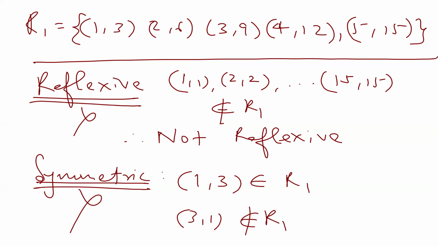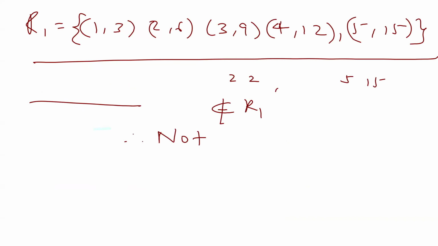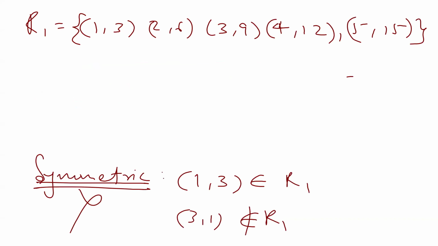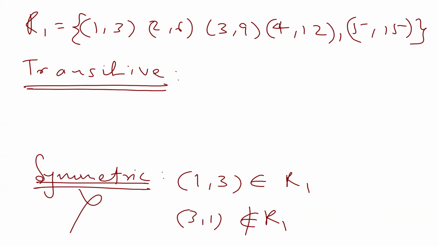The third thing that we need to check is transitive. So let's take this ordered pair. (1, 3) belongs to R1, which is true. Now, is there any other ordered pair which starts from 3?